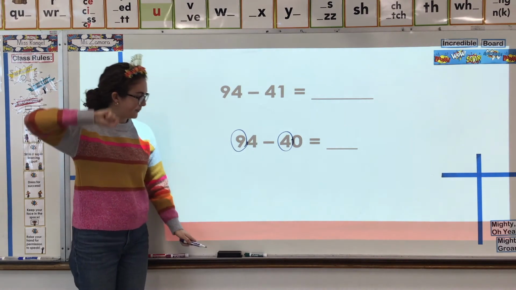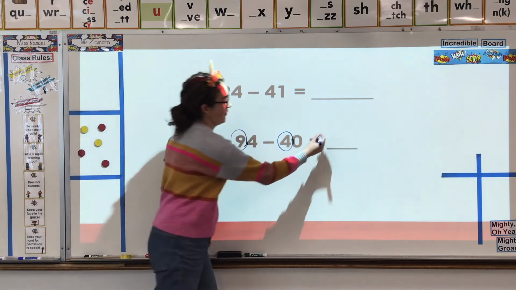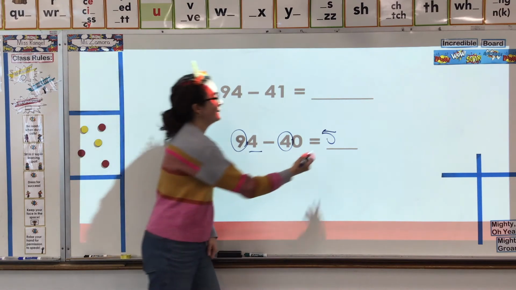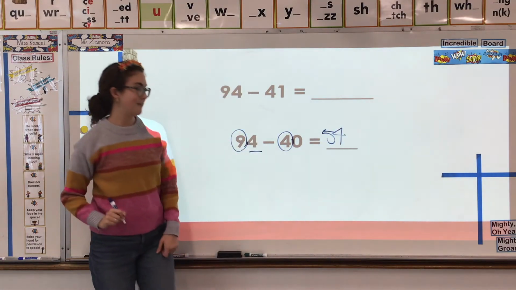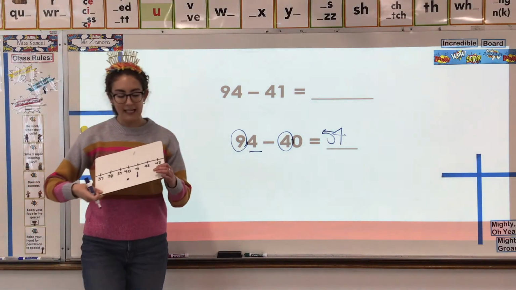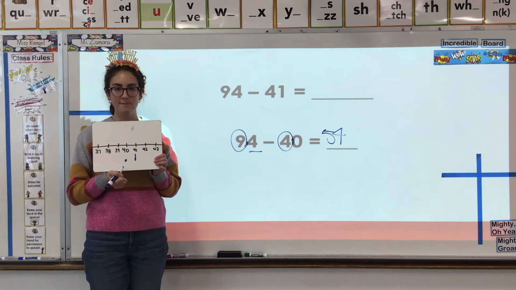What will we get? 50, what? 54, exactly, 54. So now that we've taken away our 4 tens, we have 54.